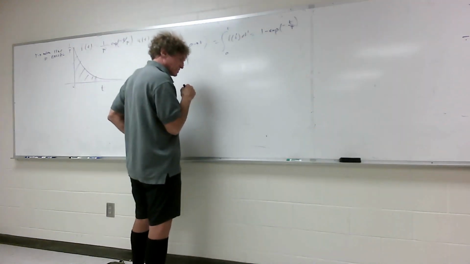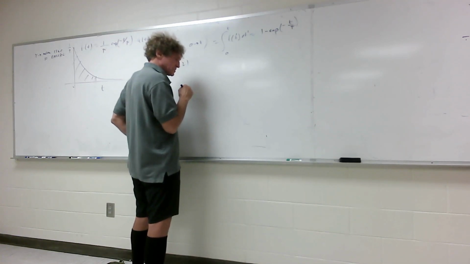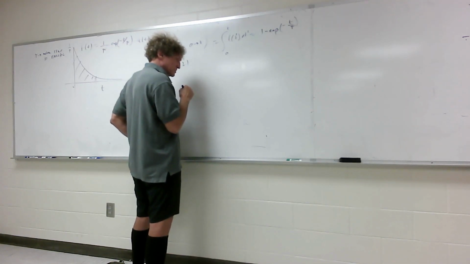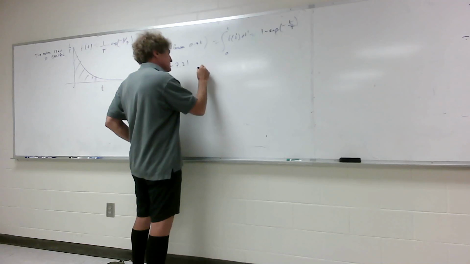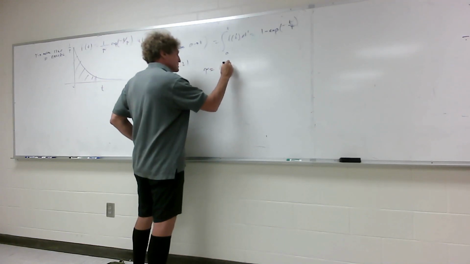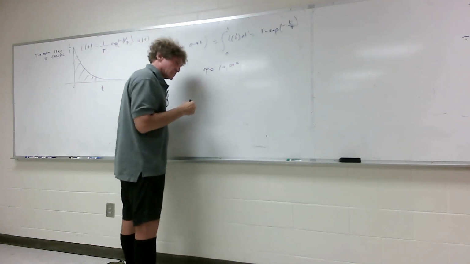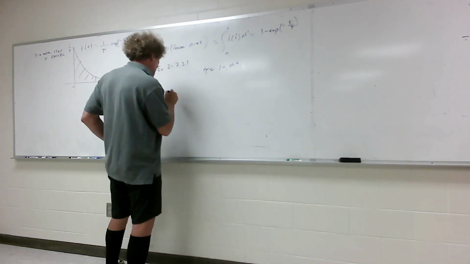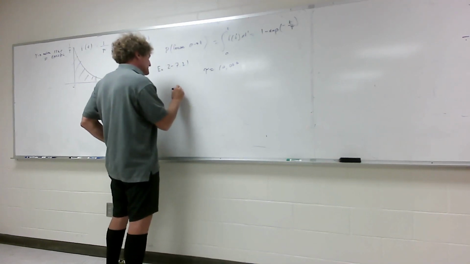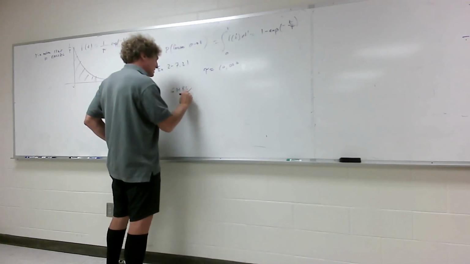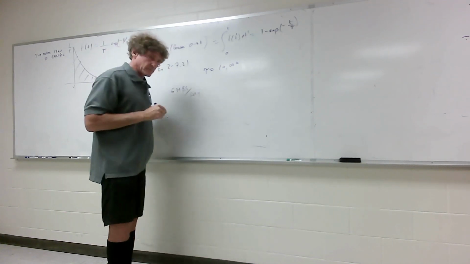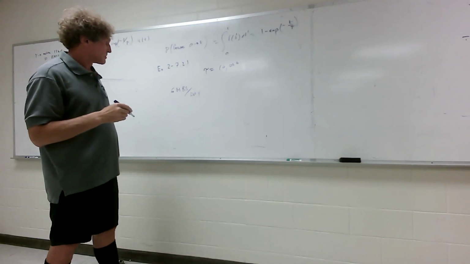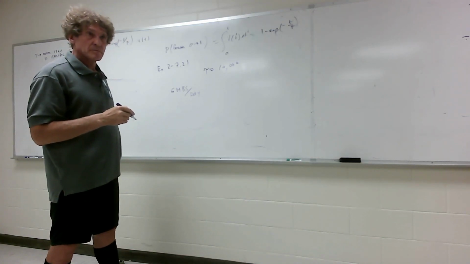A television set has a picture tube with a mean time to failure of 10,000 hours. If the set is operated an average of 6 hours per day. Hold on, so it's 6 hours per day. Go ahead. What is the probability of the picture tube failing within the first year?